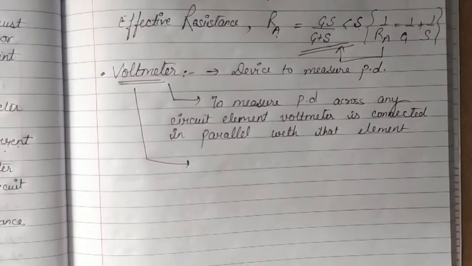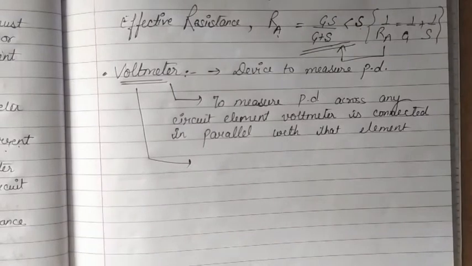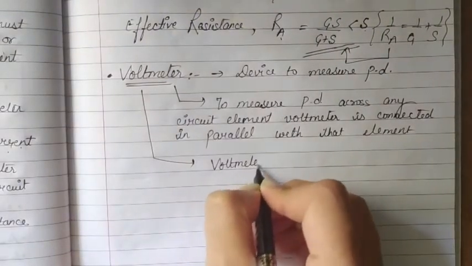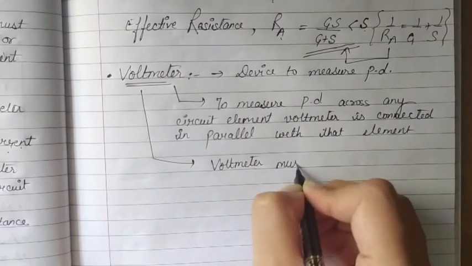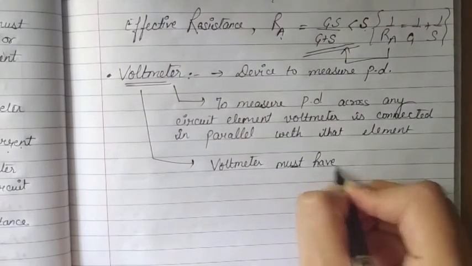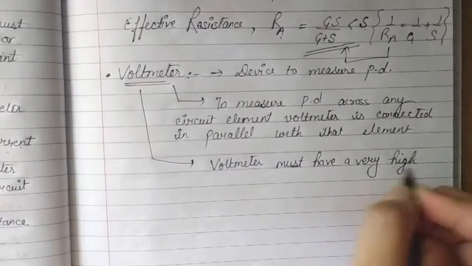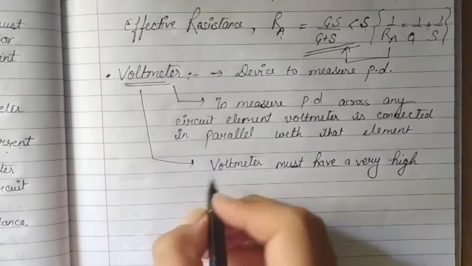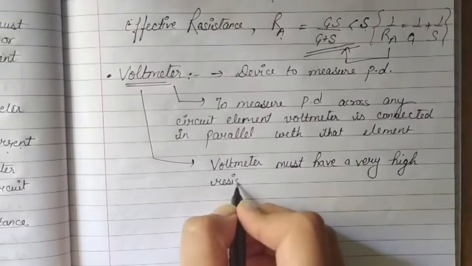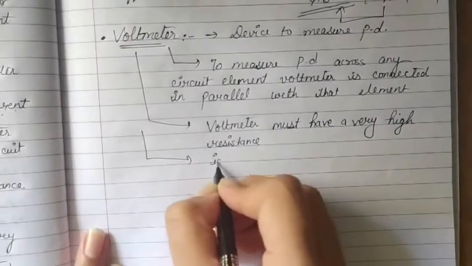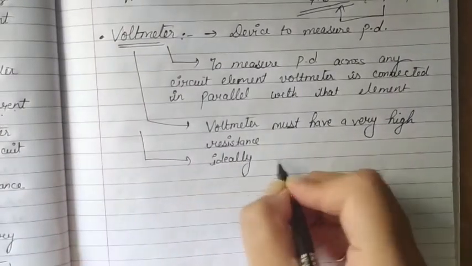To avoid this, the voltmeter should be designed to have a very high resistance. So to avoid the decrease in potential difference, the voltmeter must have a very high resistance. Ideally, this should be infinite, but that is the ideal case.